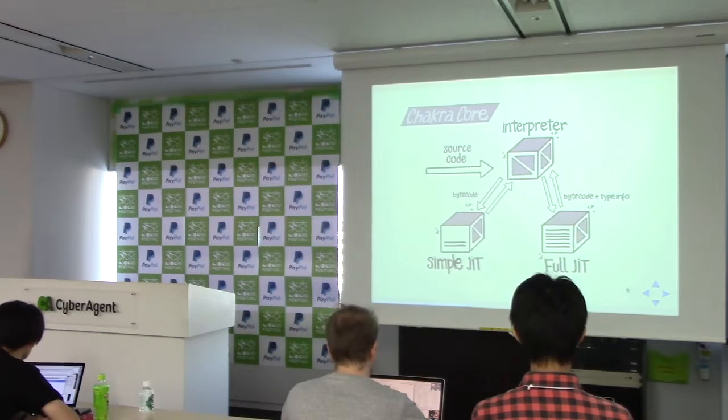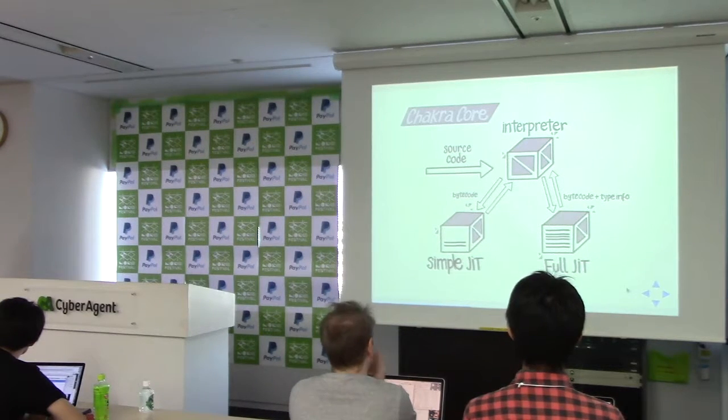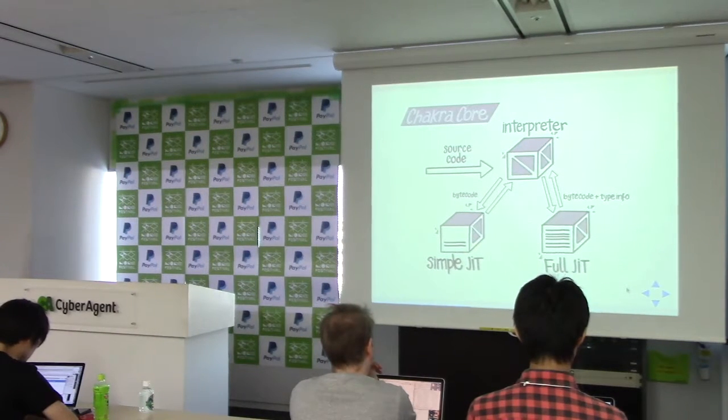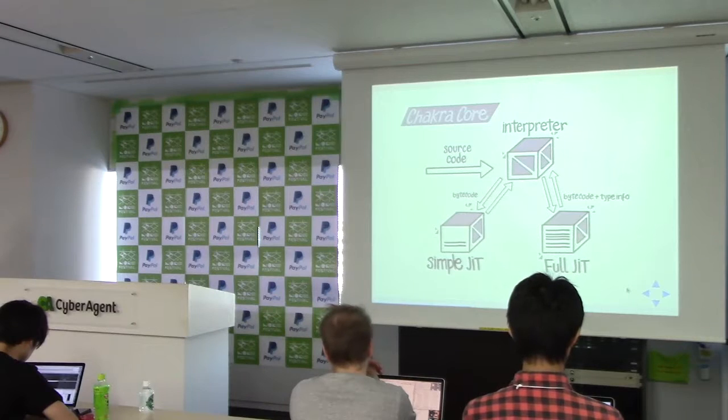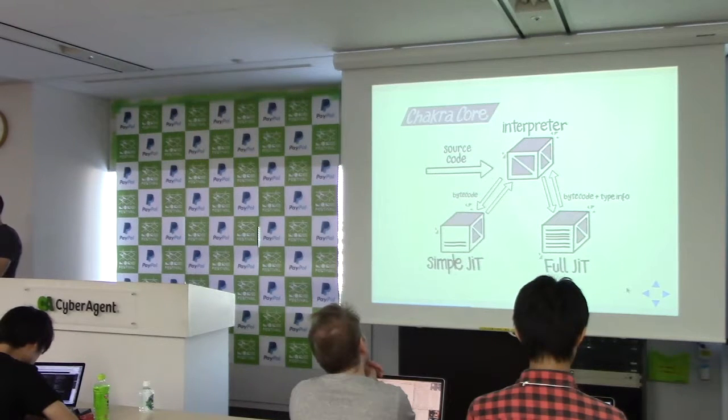In this case, you can see that both compilers with the arrows are bailing out to the interpreter. One interesting thing about Chakra is that it can fire additional threads to compile or to run the garbage collection.